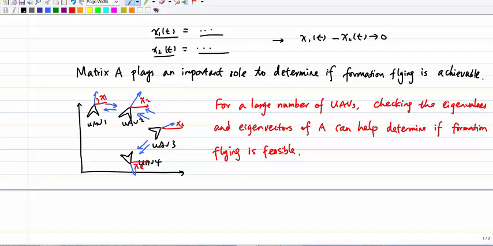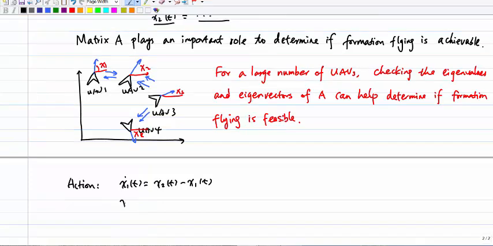I can still write this as x1 dot t is x2(t) minus x1(t), and then x2 dot t. It's a little bit complicated because it has two neighbors to talk with. So I have x1(t) minus x2(t), the first neighbor, plus x3(t) minus x2(t).